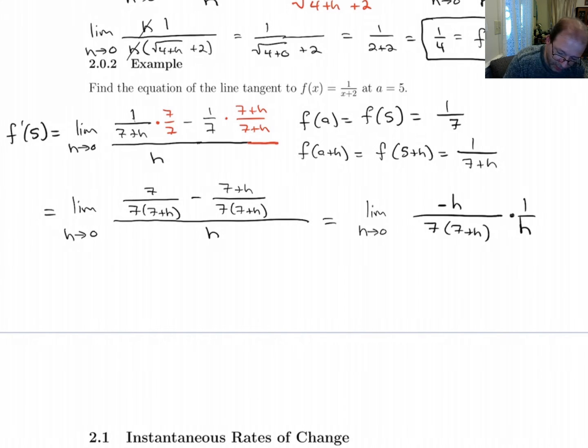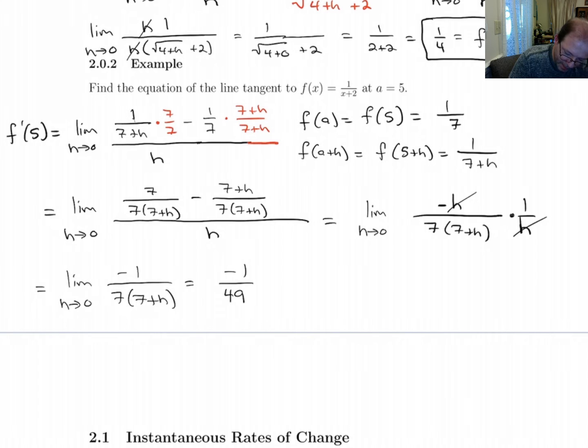It looks a little nicer. And now I can cancel these guys. And I'm left with the limit as h goes to 0 of negative 1 over 7 times 7 plus h. Now I can plug my 0 in without getting 0 over 0. I get negative 1 on top, and on bottom I get 7 times 7, which is 49. So that's my slope. I can call it m, or I can call it f prime of 5.